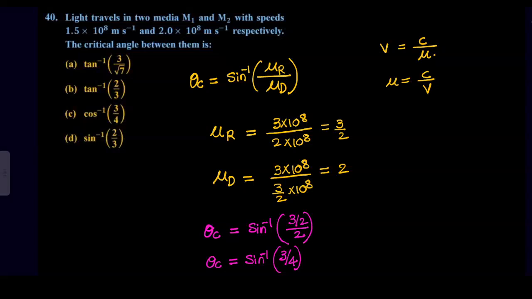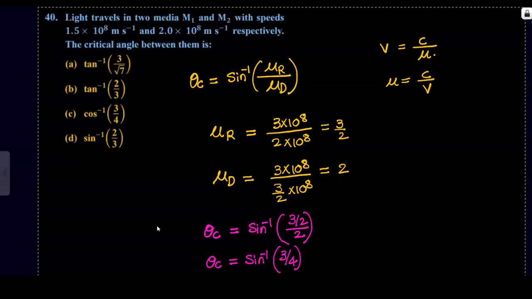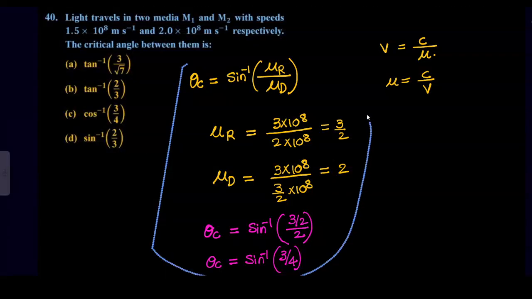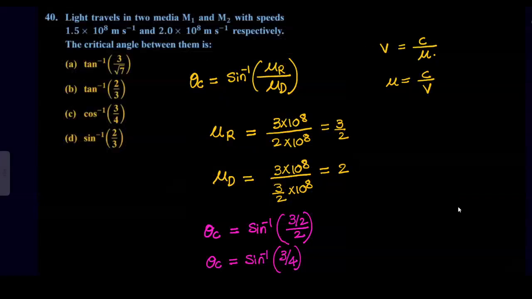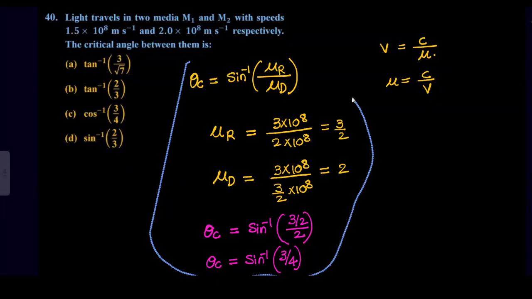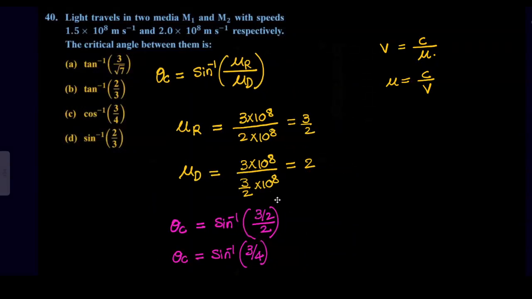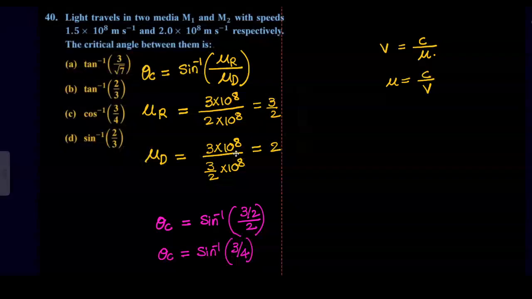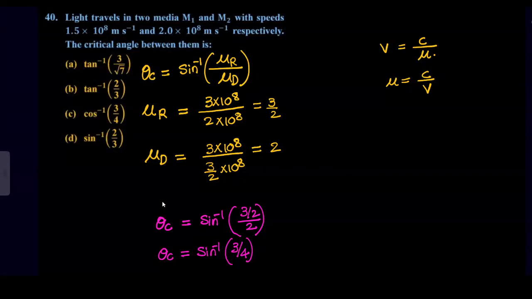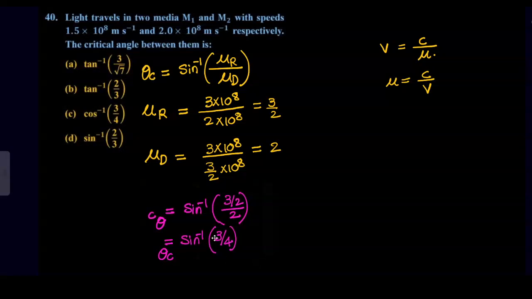Then what's the option? No option. Here we have the sine, but other angles are also there in the options.